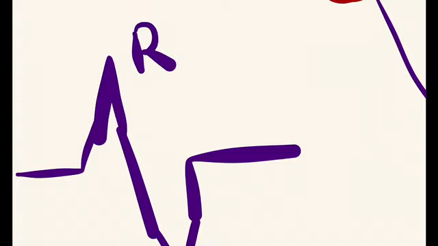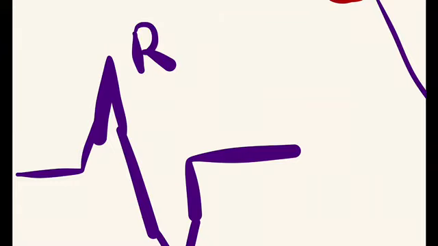Now guys, there is a contradiction here. We talked about the same thing in right ventricular hypertrophy. In right ventricular hypertrophy the same thing was happening: because the vector was going more towards the right side, there was a peaked R wave and the S wave was less prominent.